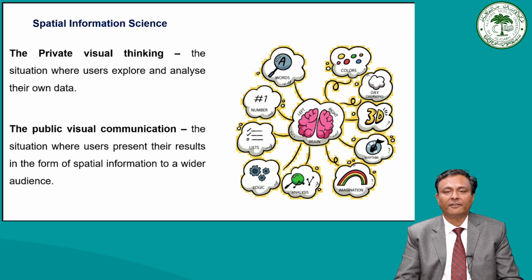Here the terms private visual thinking and public visual communication are necessary to understand. The private visual thinking refers to the situation where users explore and analyze their own data, whereas public visual communication refers to the situation where users present their results in the form of spatial information for a wider audience. The first describes the exploration circumstances and the second presentation circumstances.